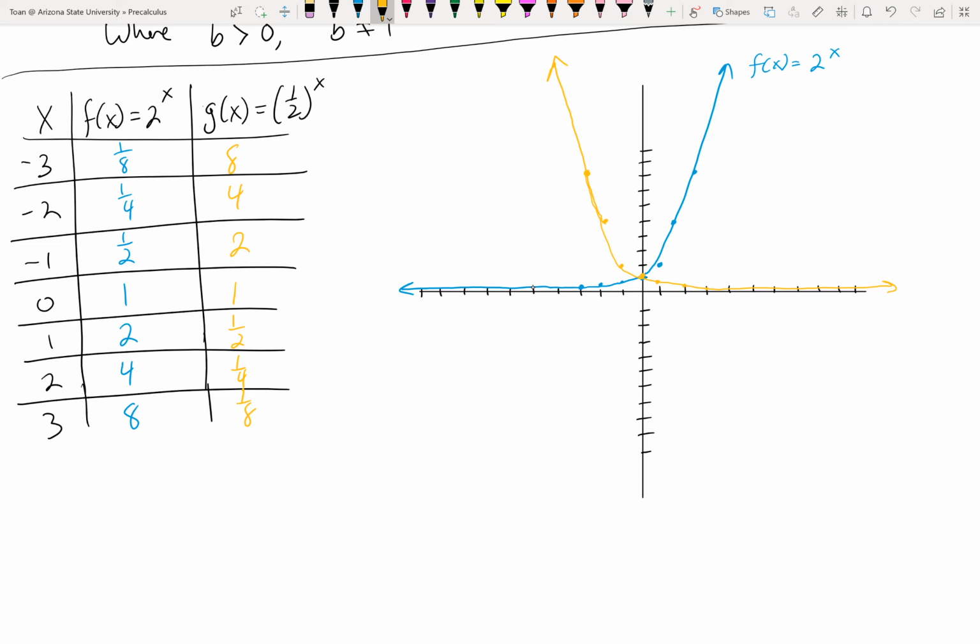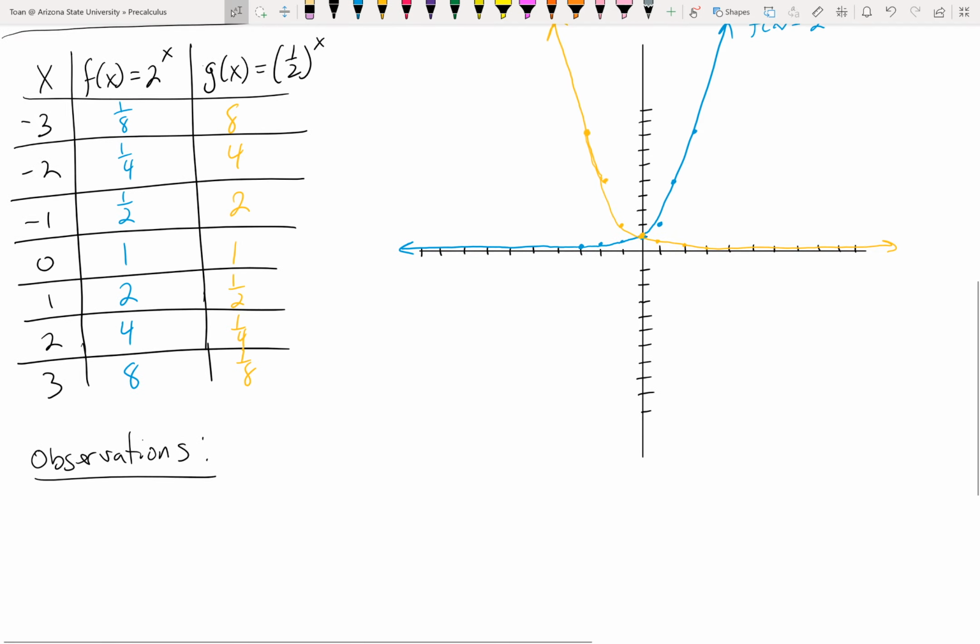Right? So these are just two examples of exponential functions. I chose the base 2 and 1/2 just because the numbers are a bit small. But I hope we can make some observations here, because although these are two separate graphs, they do have some similarities.